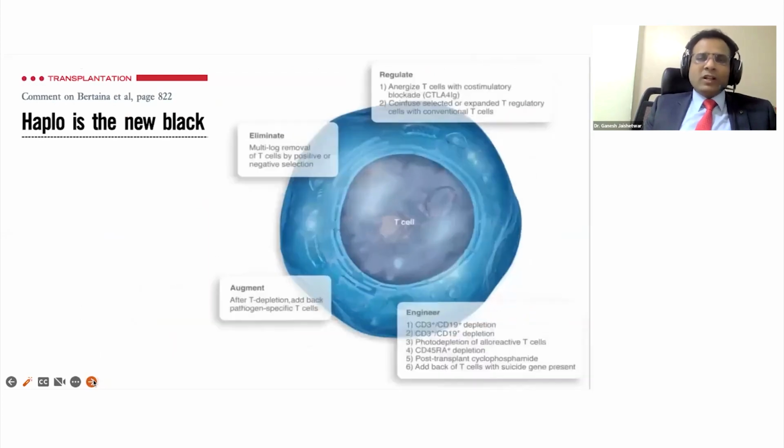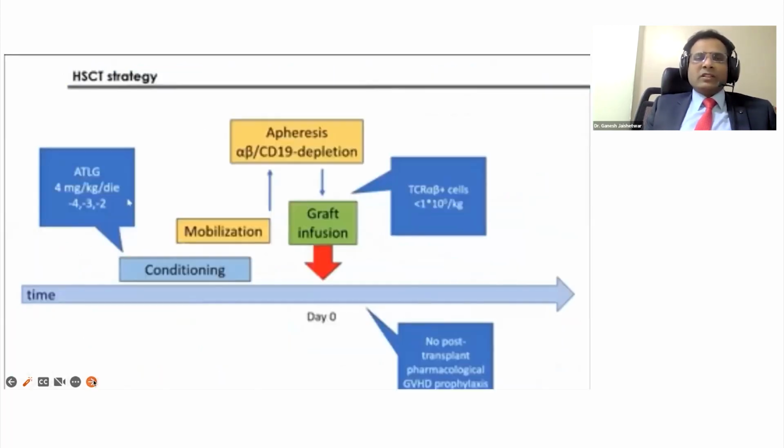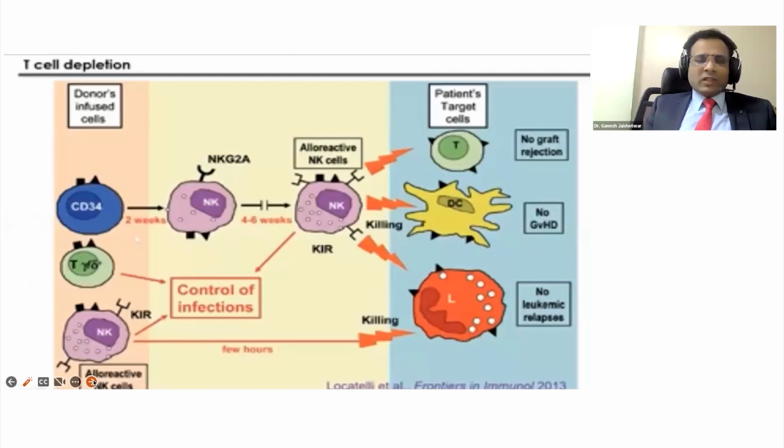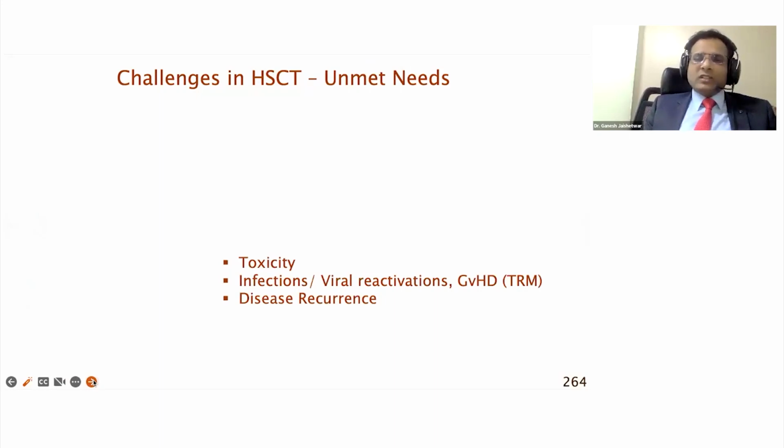Haplo is the new black, another platform for adaptive immunotherapy with better T cell reconstitution post haploidentical stem cell transplant. Again, various cartoons depict the same. The challenges, the unmet needs in transplant, are the toxicities, infections associated with delayed immune reconstitution, GVHD, and disease recurrence.